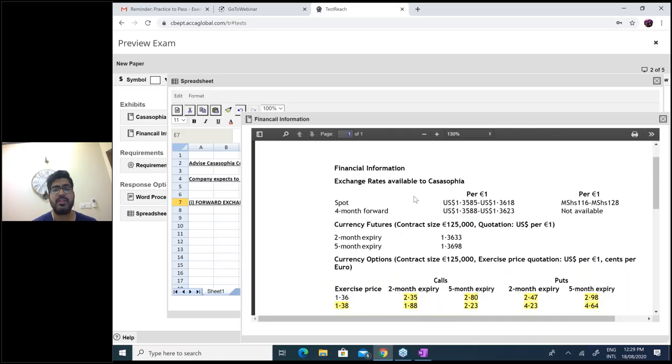When you are doing the forward exchange contract technique, will you use data of futures? Will you use data of options? Or will you use data of forwards? Tell me.